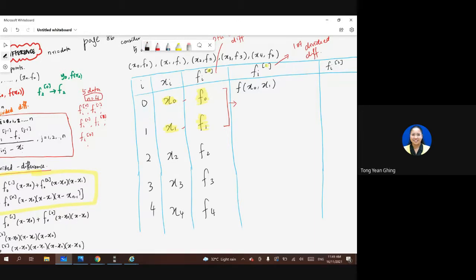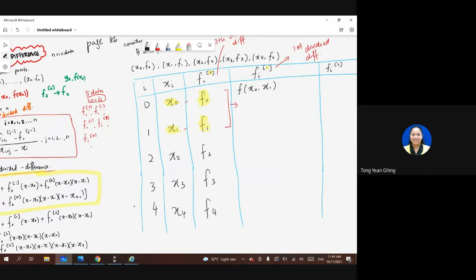The first divided difference f0 first is equal to f1 at 0 divided difference minus f0 at 0 divided difference, divided by x1 minus x0. Sampai sini boleh faham tak?